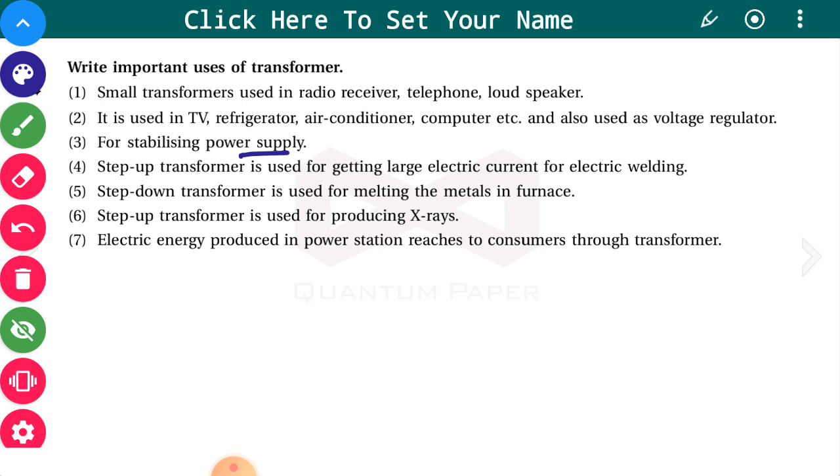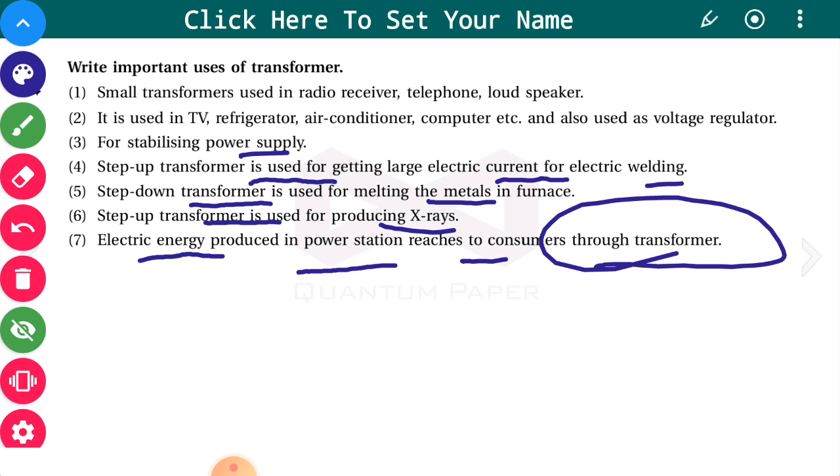Step up transformer is used for getting large electric current for electric welding. Step down transformer is used for melting metal in furnace. Step up transformer is used for producing X-rays. And electrical energy produced in power station reaches consumers through the transformer.